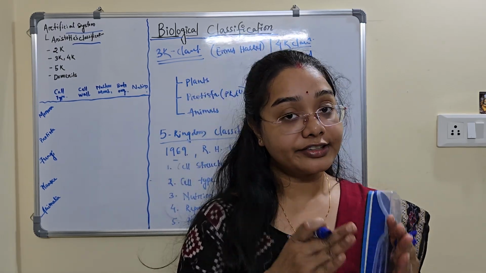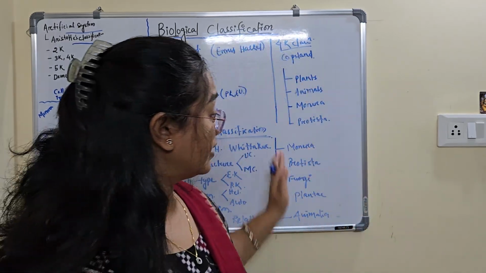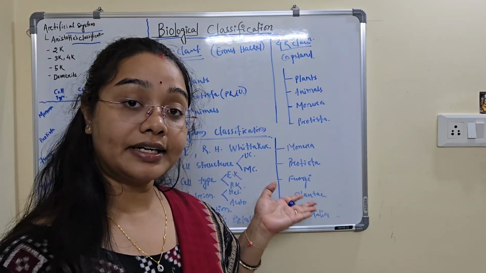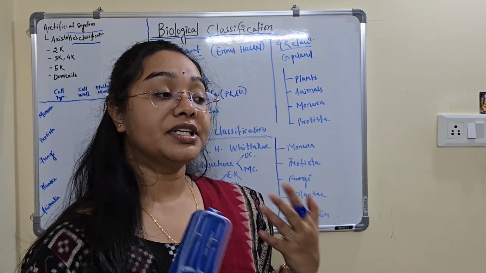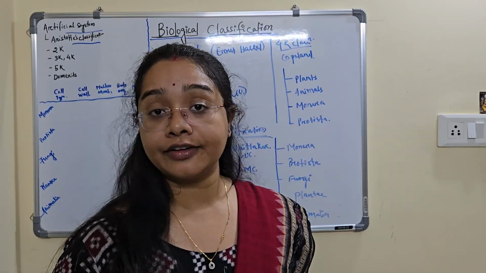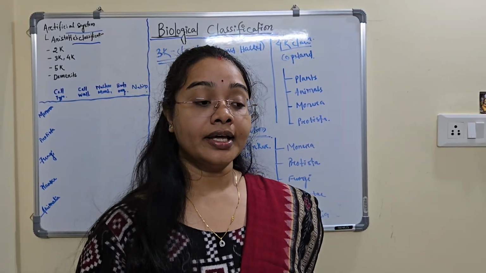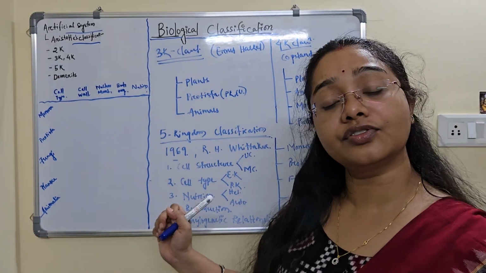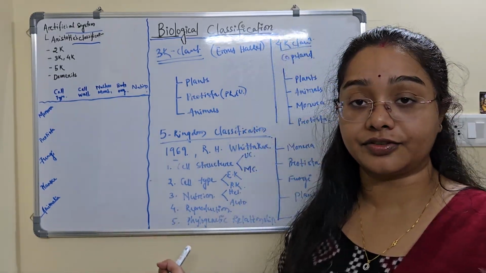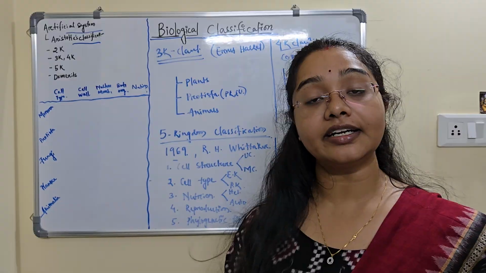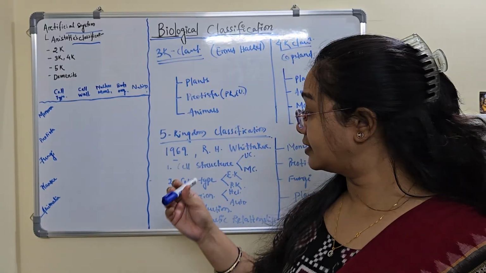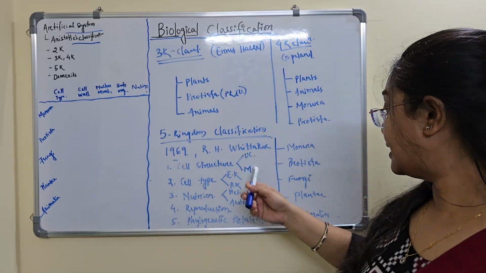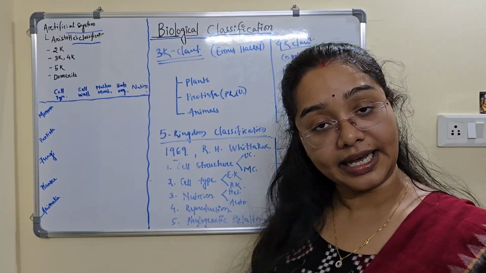Okay, if we consider that line, the study is completely separated from all the other groups, and it follows a method of classification that is very advanced, up to date. Okay, so till date we are using this five kingdom system of classification. This is the most advanced system of classification, and in your NCERT book we will also follow this five kingdom system only, that is Monera, Protista, Fungi, Plantae and Animalia.